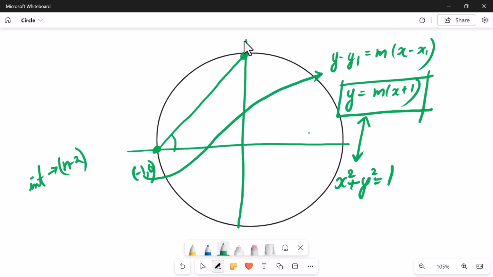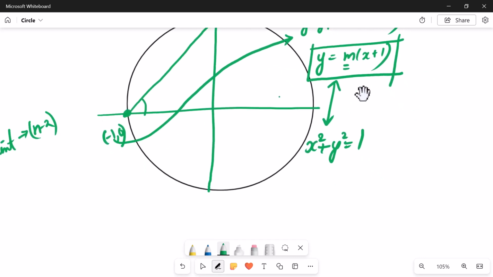For a fixed m, we solve these two equations to find the intersection point. Then m will be changed, and again we'll solve these two equations. So we'll use a loop to do this task for us. Now we'll find the resulting intersection equation.